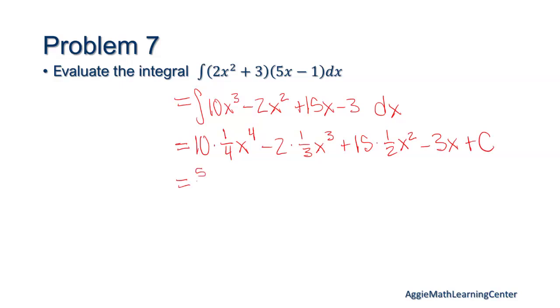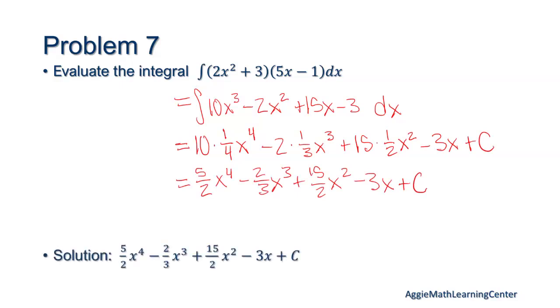That will simplify down to 5/2, right? Times x to the 4th. And then that'll give us a negative 2/3 x cubed plus 15 halves x squared minus 3x plus c, which I believe is our answer here. Any questions on that one? We okay? Okay.